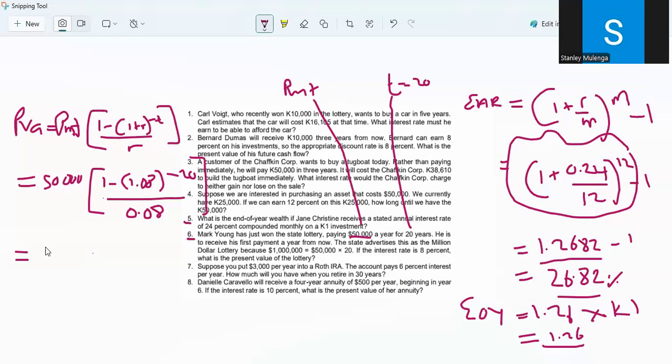So we can also use the table if you want, the present value interest factor for an annuity. So when you compute this, you can still do 50,000 times the present value interest factor annuity under 8%, comma, 20.